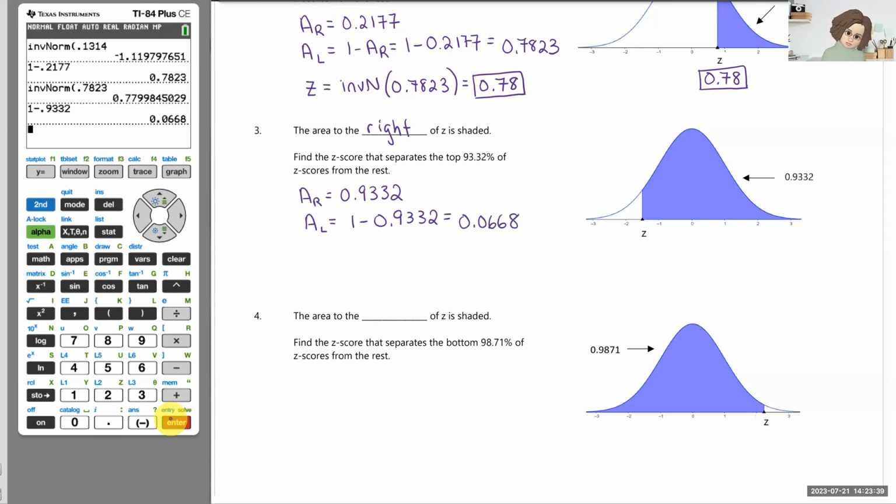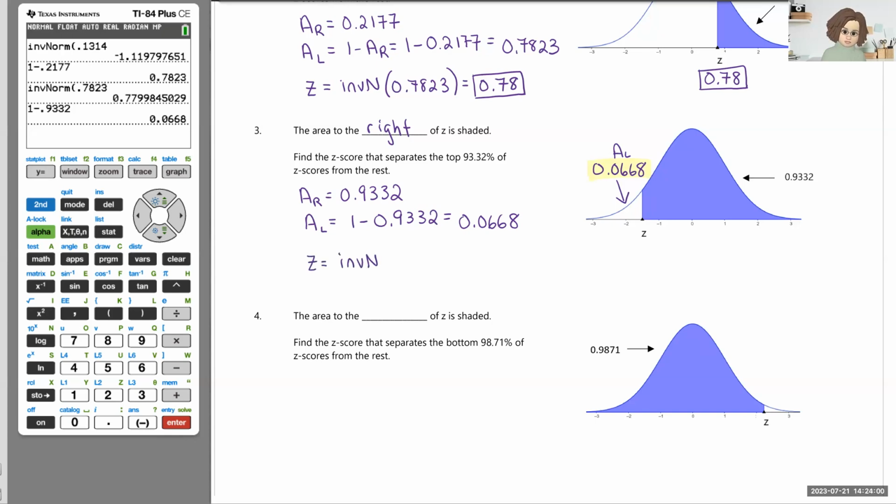I'll just point to it this time. That unshaded area, 0.0668, is our area to the left. And so that's what we will be using in our inverse norm function.